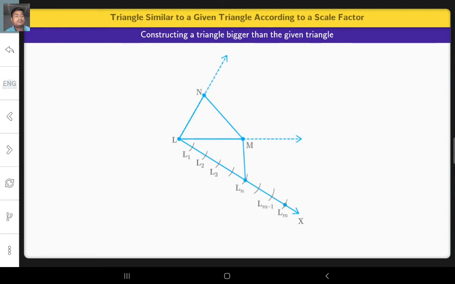From the point Lm on LX, draw LmM' parallel to LnM that touches the extension of LM at M'. Draw M'N' parallel to MN that touches LN at N'. Triangle LM'N' is the required triangle similar to triangle LMN, whose sides are m by n times the corresponding sides of triangle LMN. Tap the button to understand this better with an example.